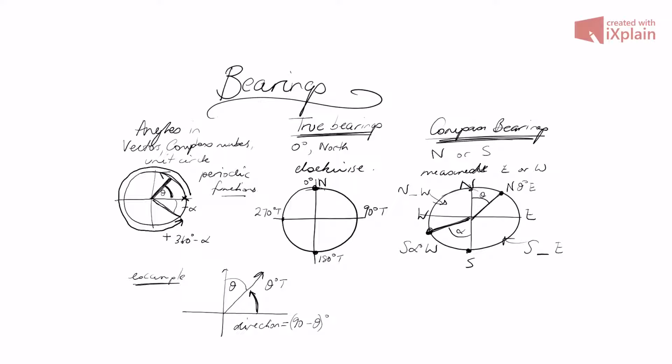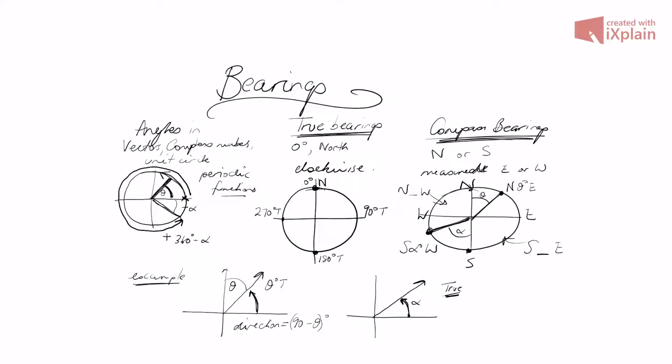Now if we had the opposite, if we had found the direction in terms of a vector, that would be measured from the x-axis upwards, or downwards for a negative direction. If we wanted to change that into a bearing, we can consider it from north.